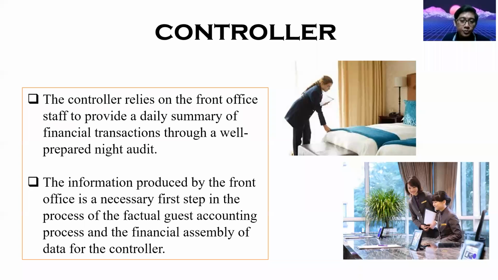The information produced by the front office is a necessary first step in the accounting process and the financial assembly of data for the controller. They share a common concern for guest hospitality, and when finances are concerned, oral discussion is inevitable between the controller and the front office. Now, for the next slide.